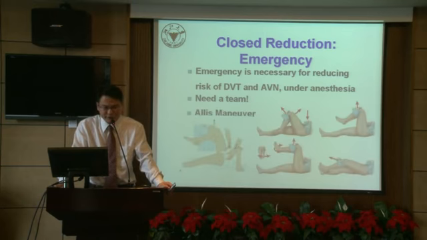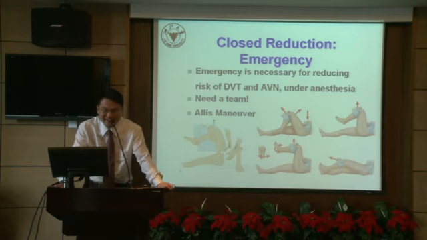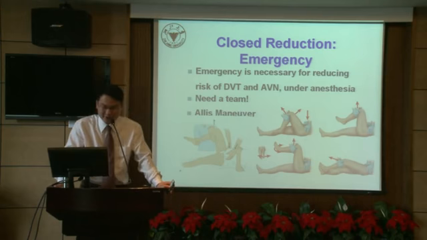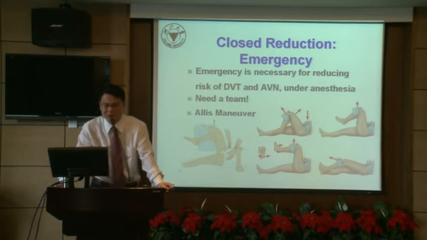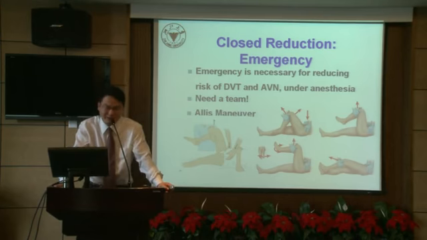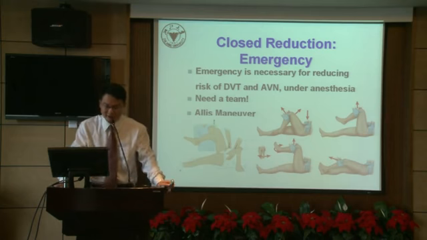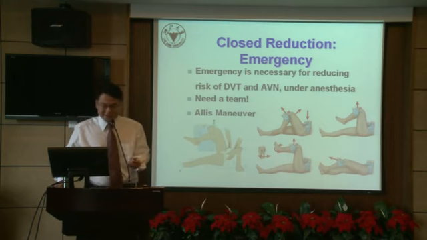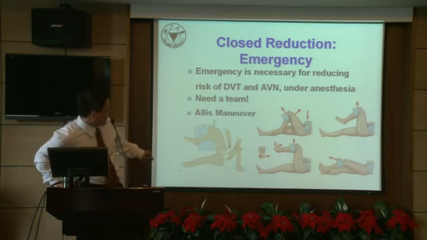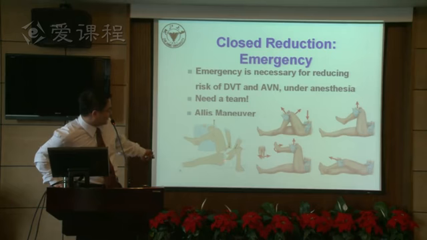The Allis maneuver is the most commonly used approach to reduce the dislocated hip. Usually we will directly let the patient lie down on the floor. In this way, we can best use our muscles to traction the leg or thigh. Your assistant should press the pelvis down and fix the pelvis.